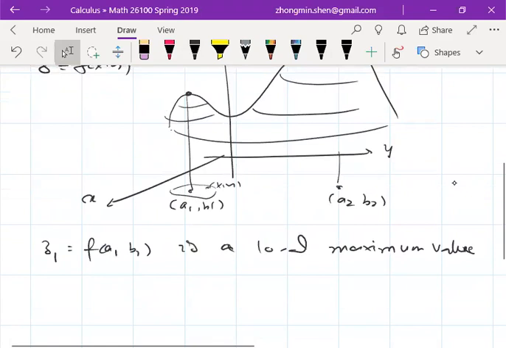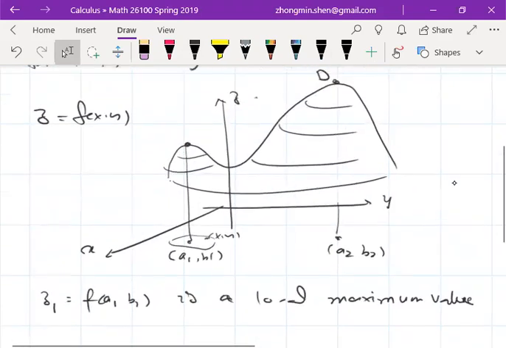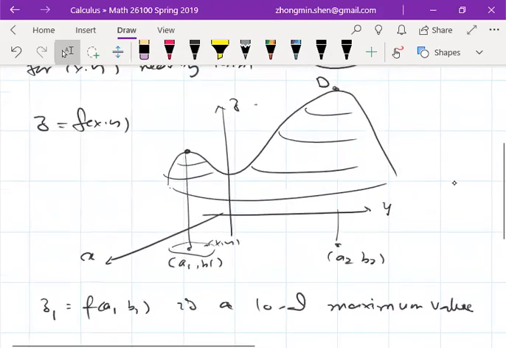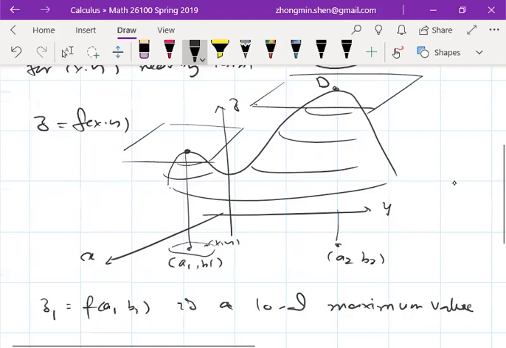Okay, well, there is a necessary condition. If you look at the highest point, right, the tangent plane at that particular point must be horizontal. Got it? Yeah. So the tangent plane must be horizontal. It's the highest point. Okay.